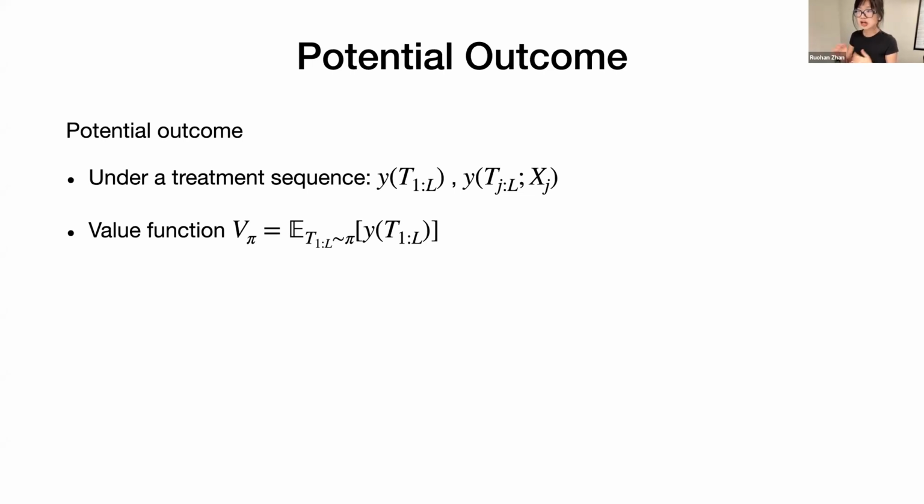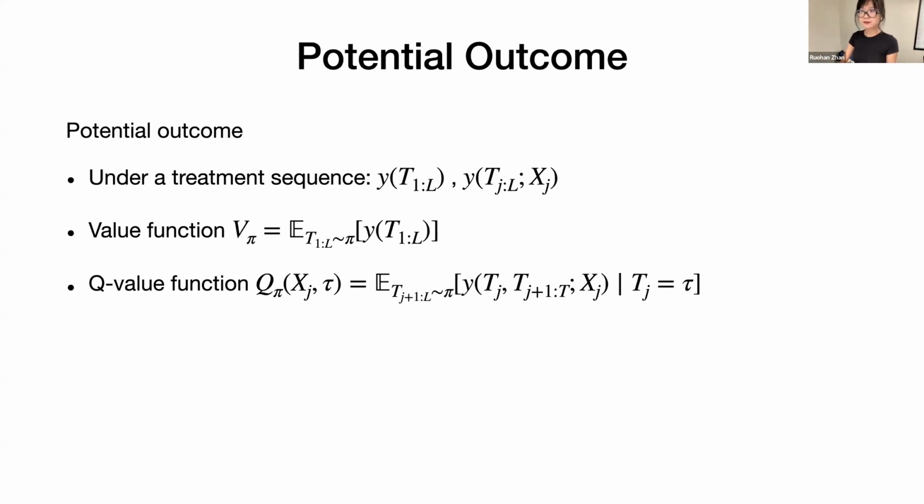That is exactly the expected potential outcome if the treatment is assigned according to this policy pi. Similarly, you can define the Q value function that is conditioning on the current stage's context xj, where we also assign an action tau here, and the future treatments are assigned based on policy pi. This is also defined in expectation.